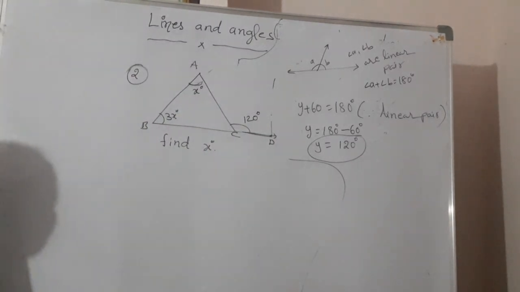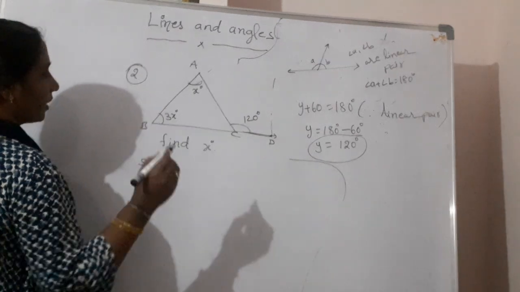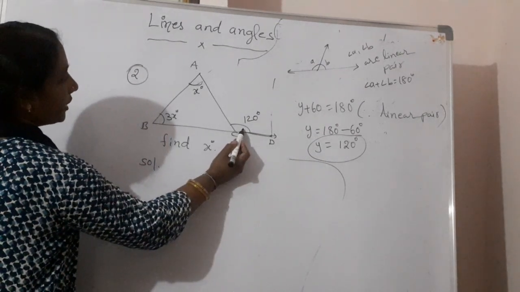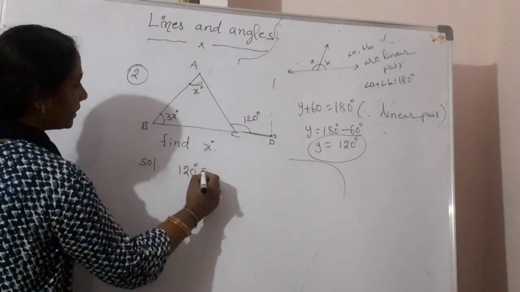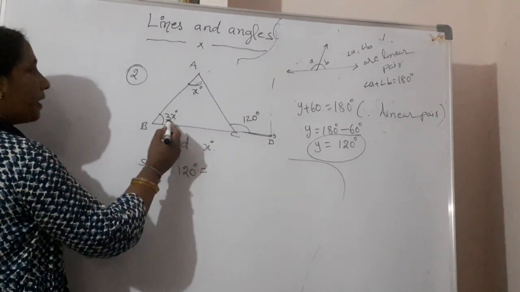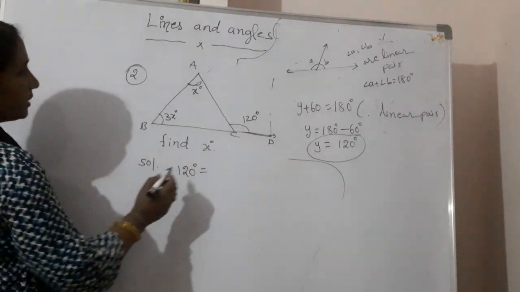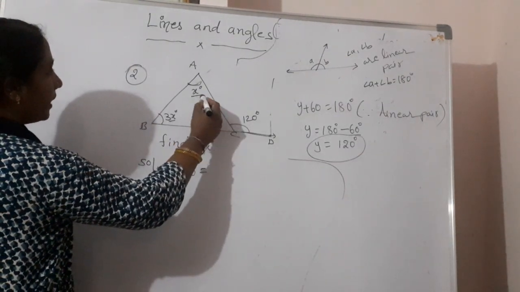How can you find out? Solution. It is an exterior angle. The exterior angle property says 120 degrees is equal to the sum of the opposite two interior angles. So the opposite two interior angles are 3x and x.